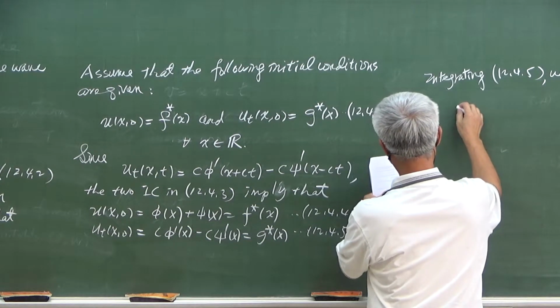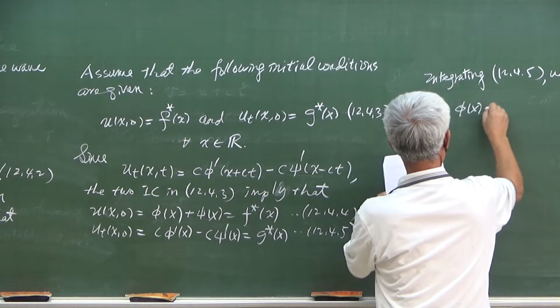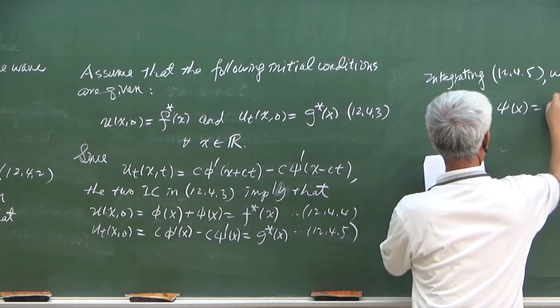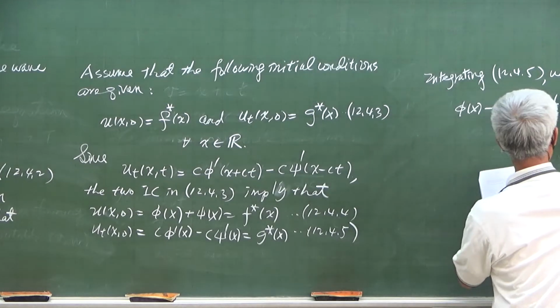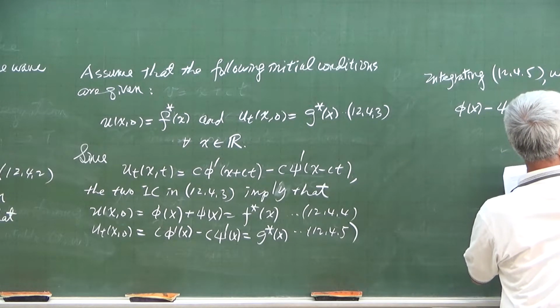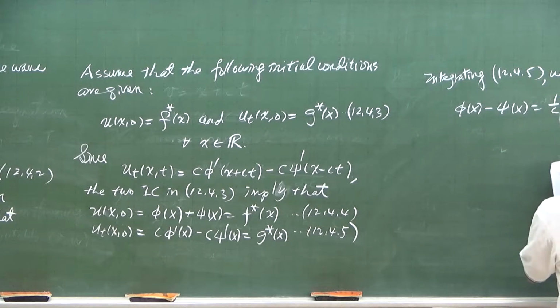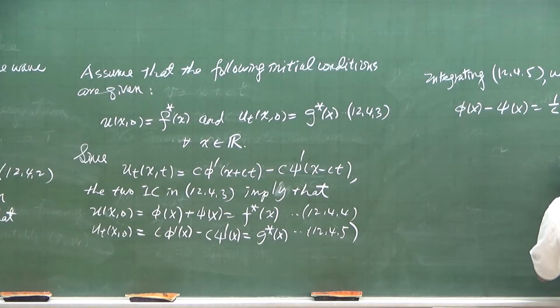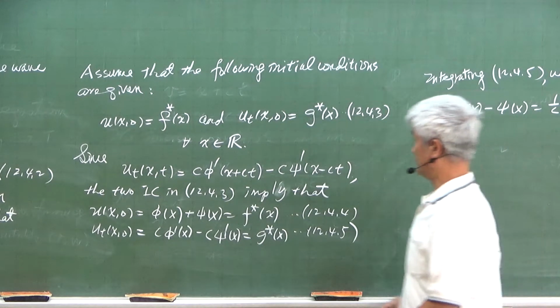What we have is phi of x minus psi of x equal to 1 over c times the integral from x0 to x of g star s ds, plus phi of x0 minus psi of x0. We just select any x0, because we want to integrate from x0 to x. This is the initial value, the constant we have.